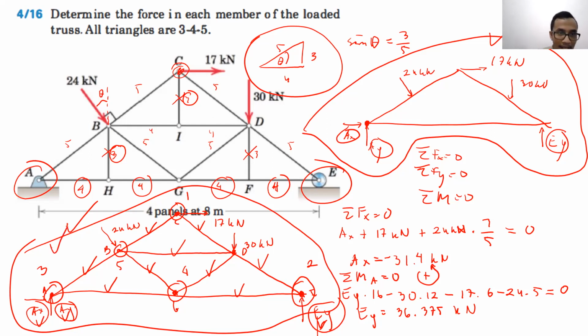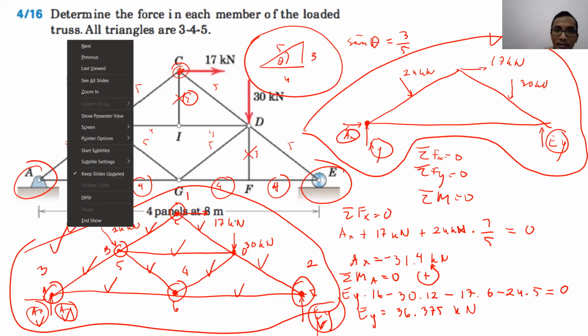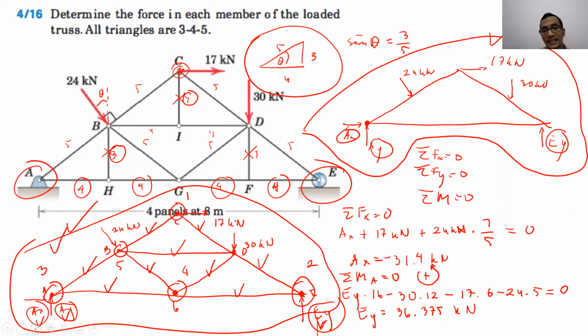For example, I do it like this. I will start from joint C. After knowing AY, AX, EY, I will start from joint C, then joint E, then joint A. After joint A, I will go for joint G. After joint G, then joint B. And by doing so, I will solve the internal force of all the members.